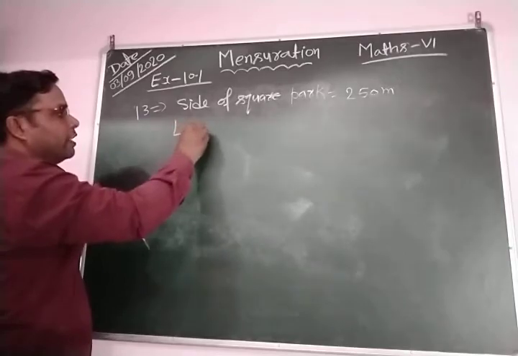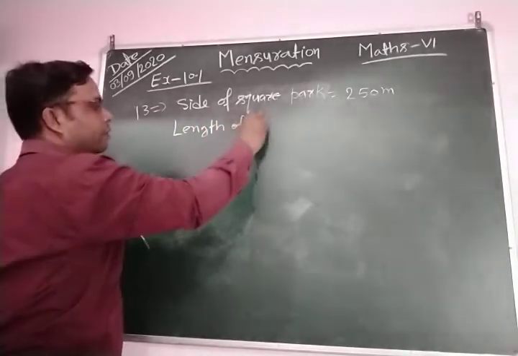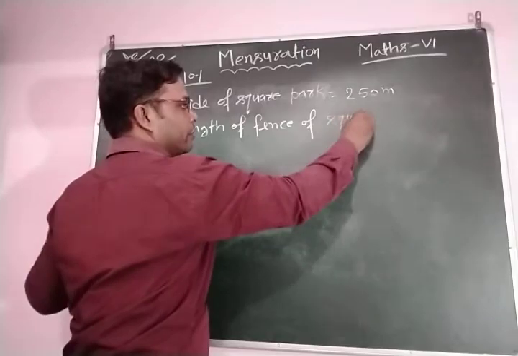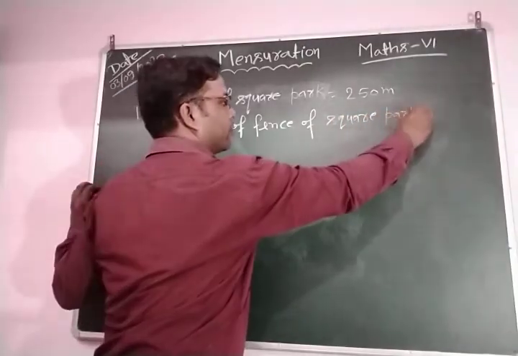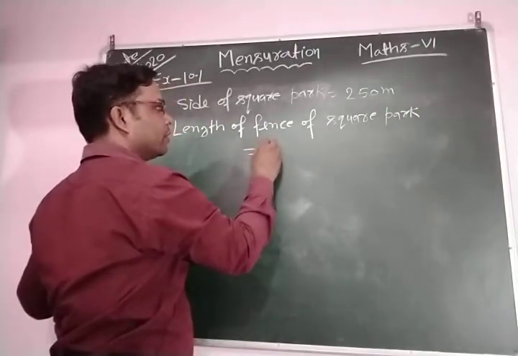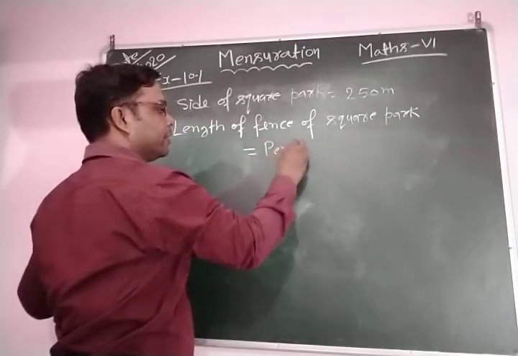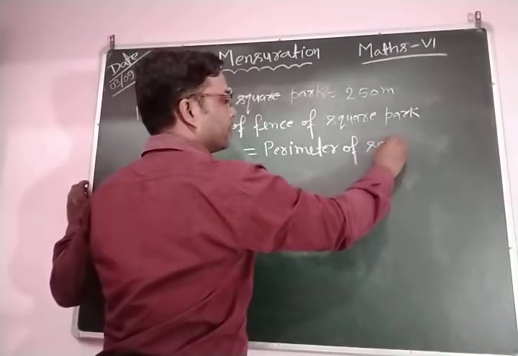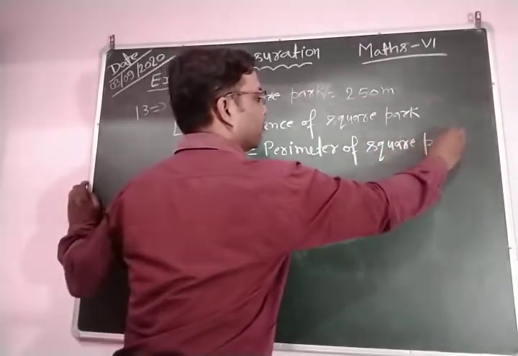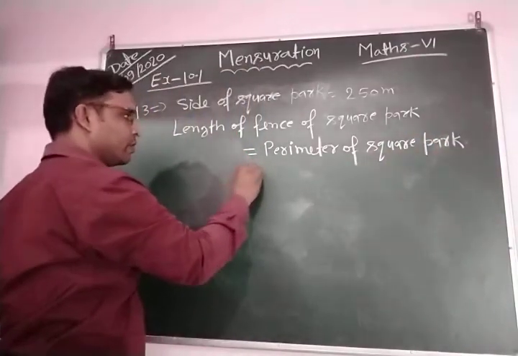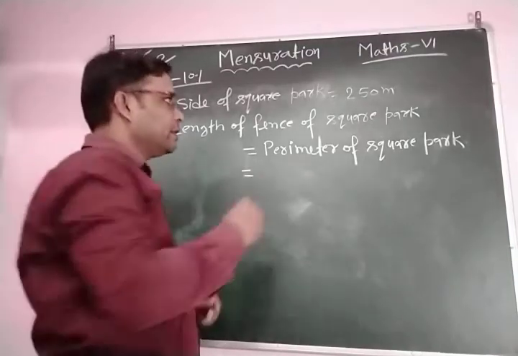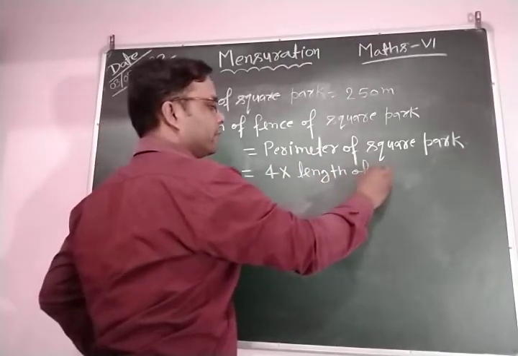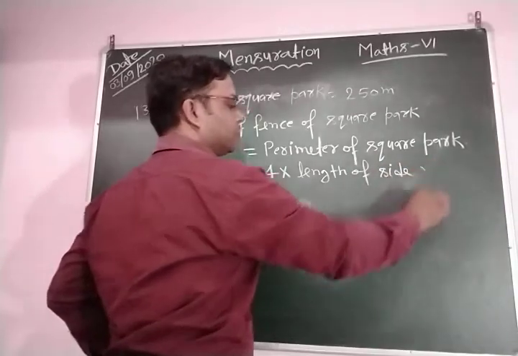So the length of the fence of the square park is equal to the perimeter of the square park. Now, the perimeter of the square park is equal to 4 into the length of the side of the square park.